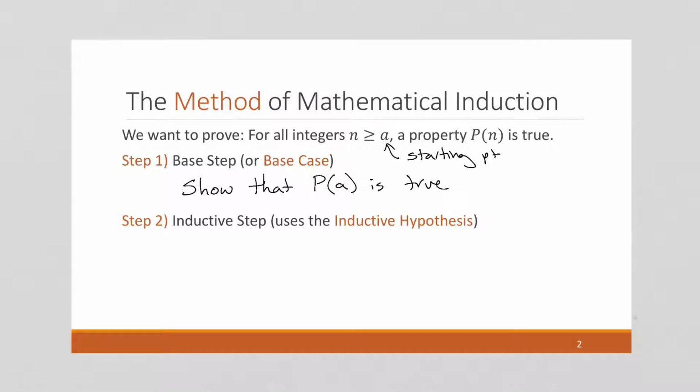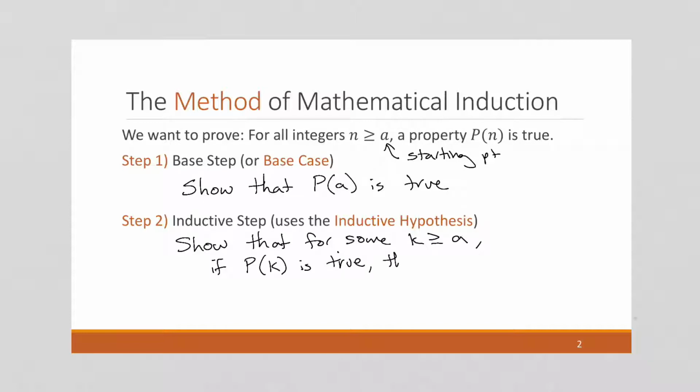And then we also want to show that for some k greater than or equal to our starting point A, if the property is true for k, then the property is true for k plus 1. Right?